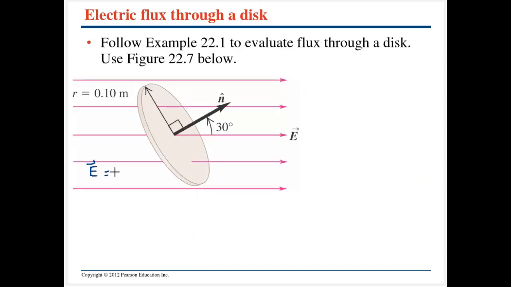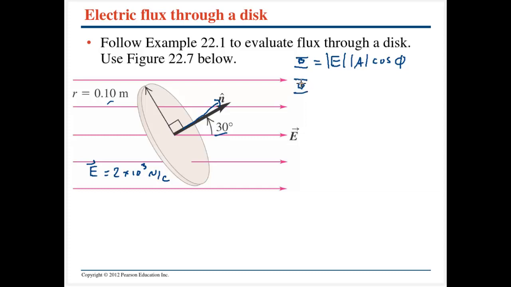Just a quick little calculation. Here we have a uniform electric field, and we know that it's 2 times 10 to the third newtons per coulomb. We're asked to figure out what the flux is for this disk. Flux is going to be the electric field dotted with the area, or the magnitude of the electric field, magnitude of the area, cosine of the angle in between them. Here the disk is off at a 30 degree angle, so that means the A is going to be at a 30 degree angle from the electric field.